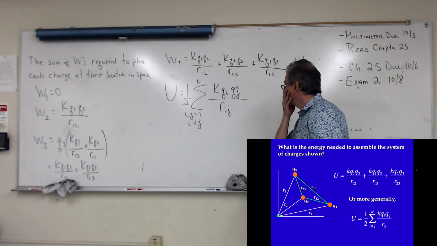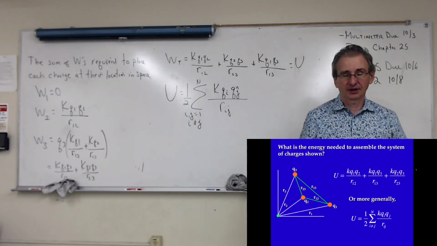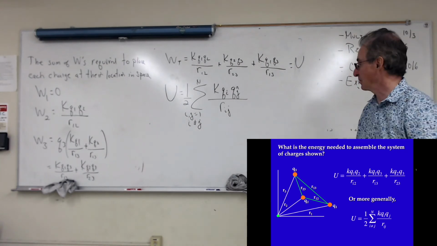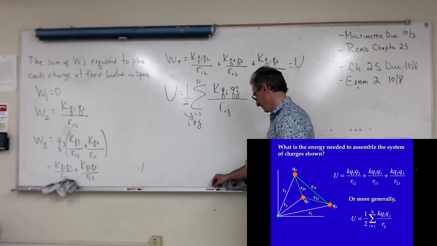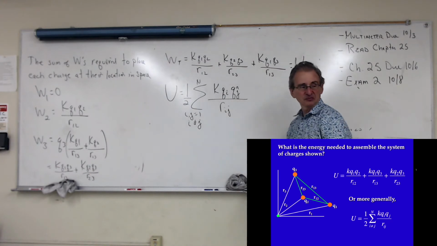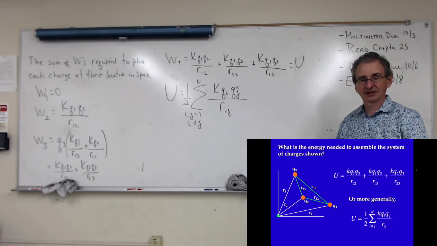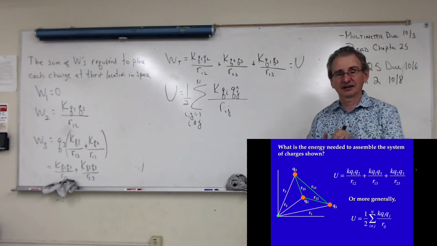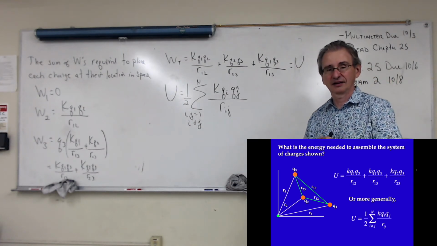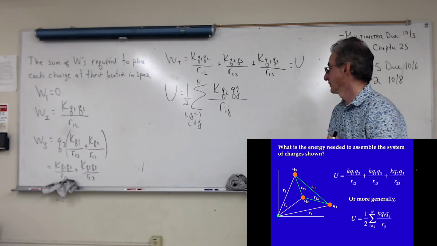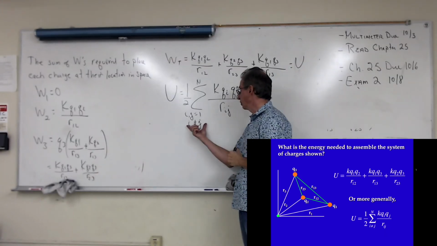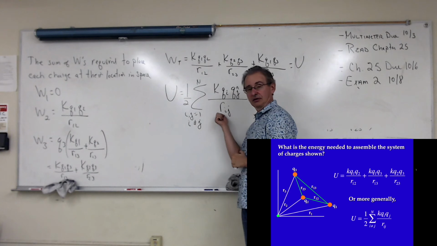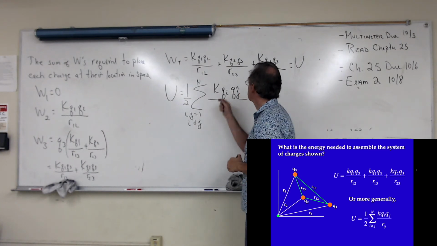Why is there a 1/2 in front when I write that summation? Well, if I told the computer to sum over i and j, where i is not equal to j, it's going to sum this term twice.